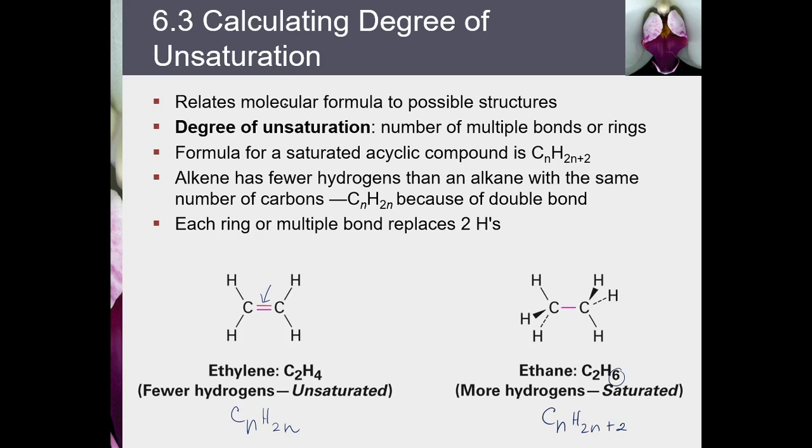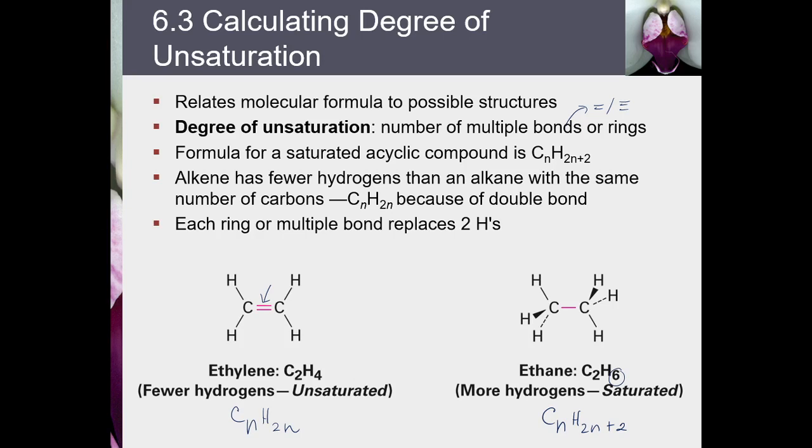Because this will relate the molecular formula to the possible structures. So, what do we mean by degrees of unsaturation? It is the number of possible multiple bonds. So, when you say multiple bonds, it could either be double or triple bonds or a presence of rings. And pwede ring combination. You have a ring structure na may double or triple bonds.